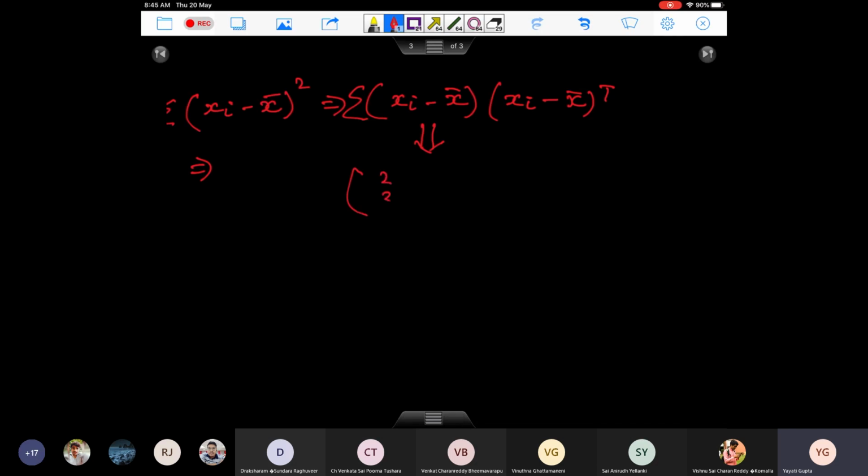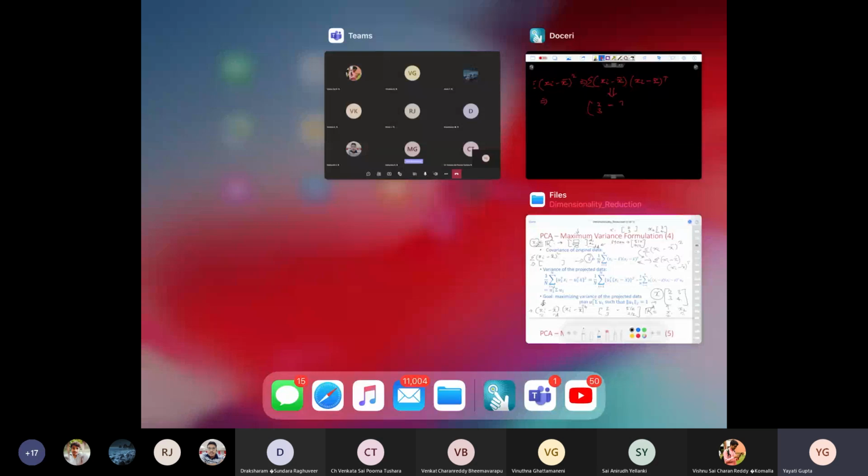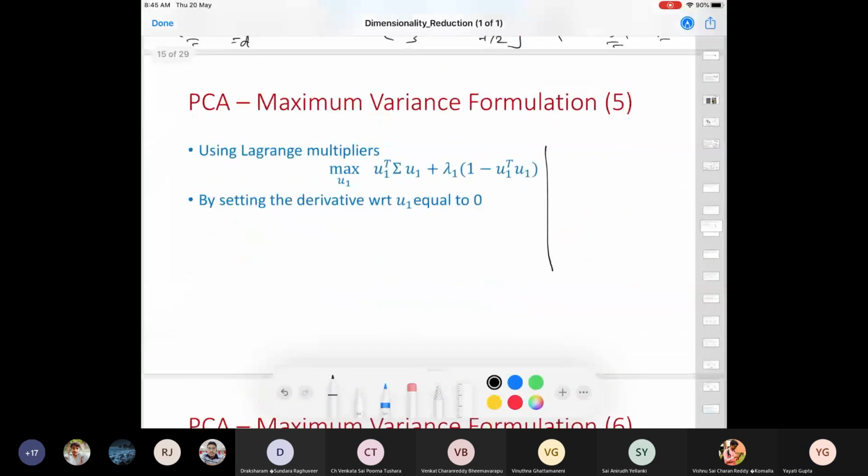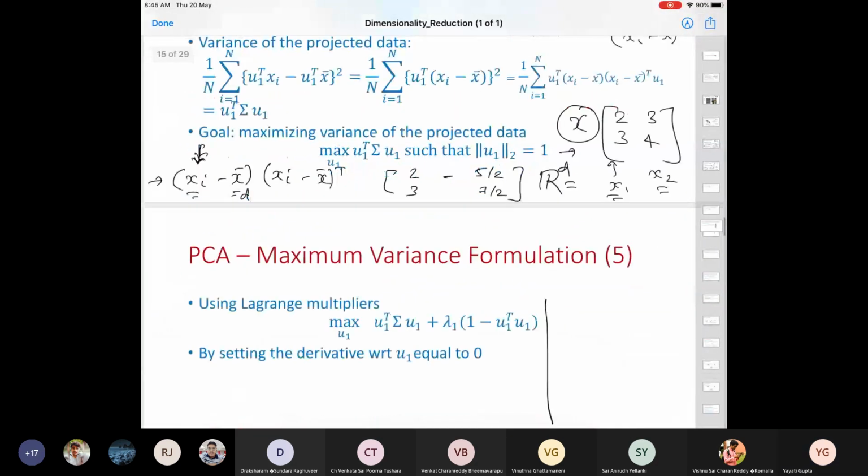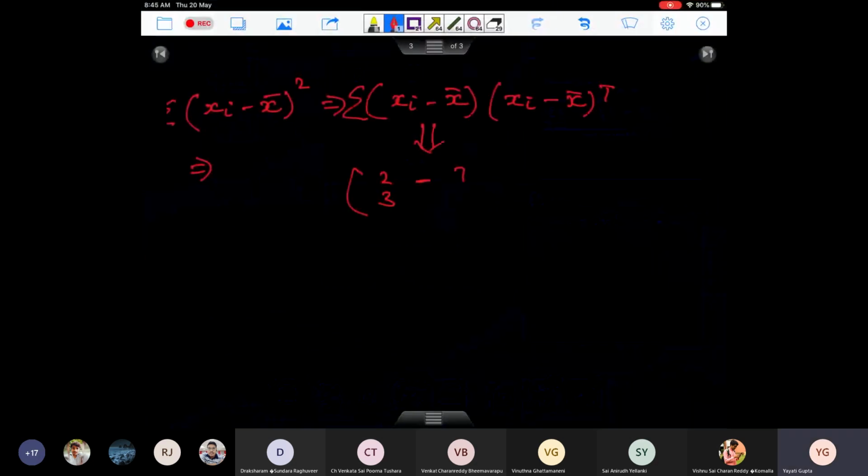This first entity is going to look like 2, 3 minus, I think it was 5 by 2 and 7 by 2. So 2, 3 minus 5 by 2 and 7 by 2. Similarly, you'd subtract 2 from 5 by 2 and 3 from 7 by 2.